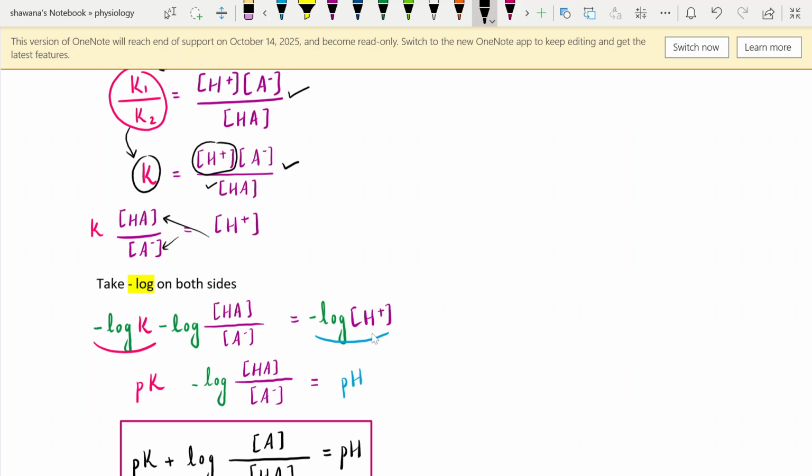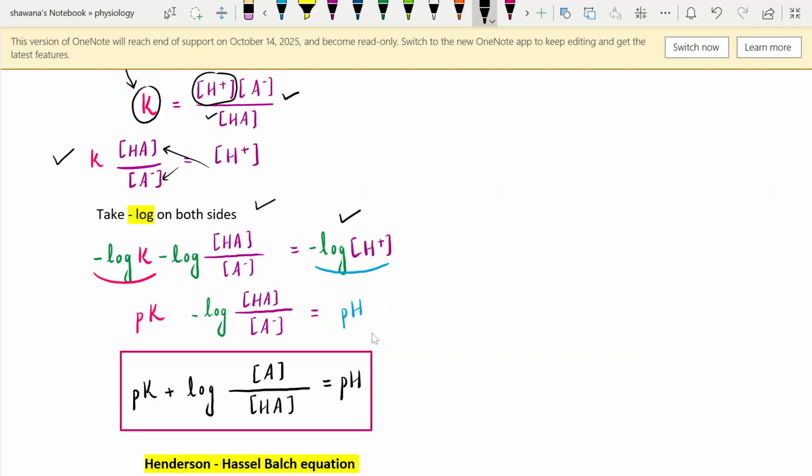Here we multiply by negative log, it becomes negative log of hydrogen ion concentration. It's simple. And on this side, when we multiply by negative log, it becomes negative log K minus negative log HA by A negative. It comes in like minus forms. In the previous lecture, we discussed that pH is nothing but the negative log of hydrogen ion concentration.